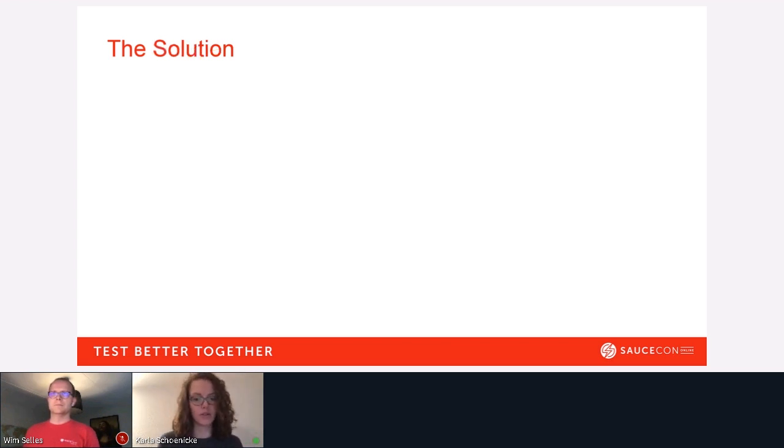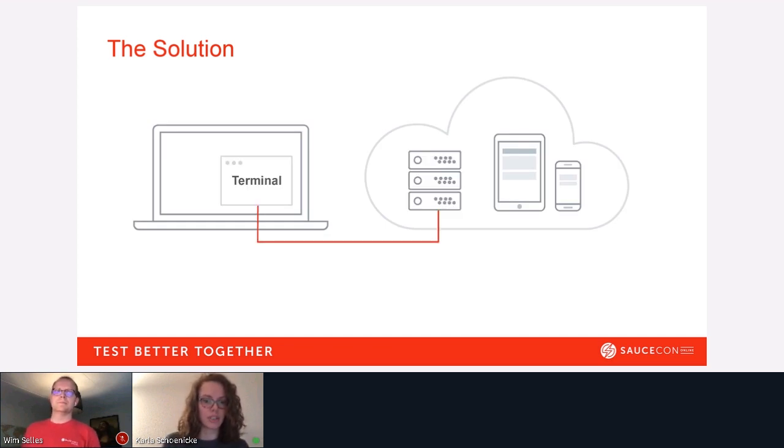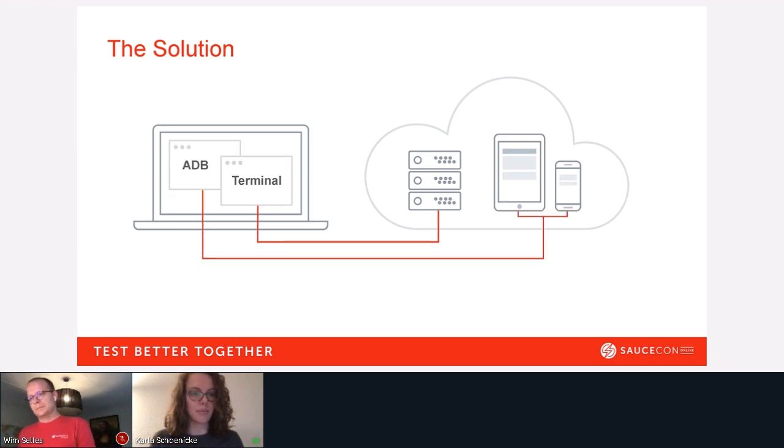On your local machine, you open the terminal and establish a connection to the Sauce Labs Real Device Cloud Server. That's the first step. And the second step, you open ADB and establish a connection to one or several of the private devices in the cloud.